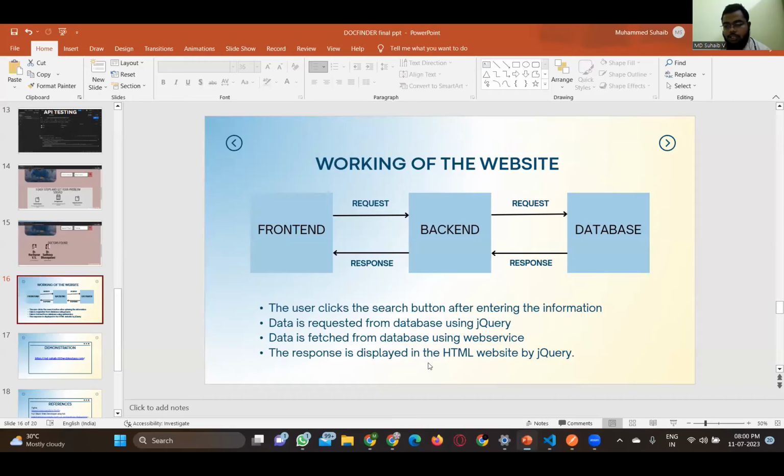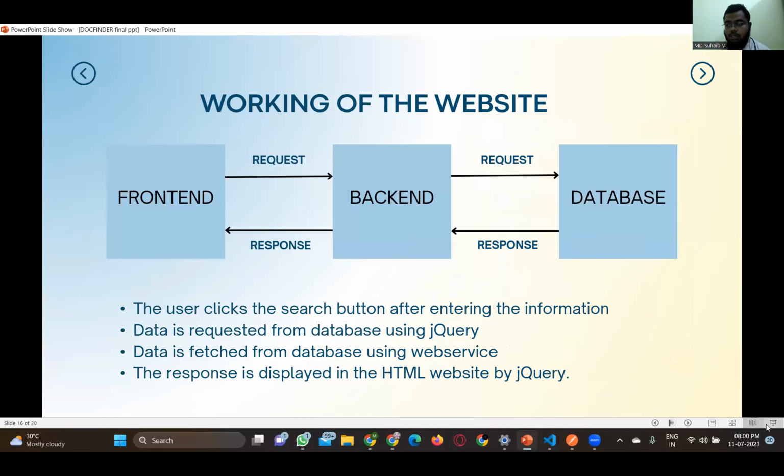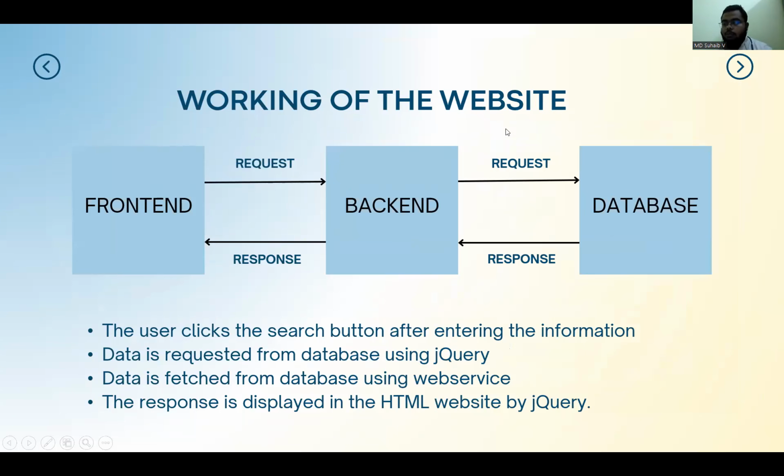So I'll go back to my presentation. I'll proceed with how our website works. We have the front end, the back end, and the database as the three main parts. The front end is what the user interacts with. The user interacts only with the front end.